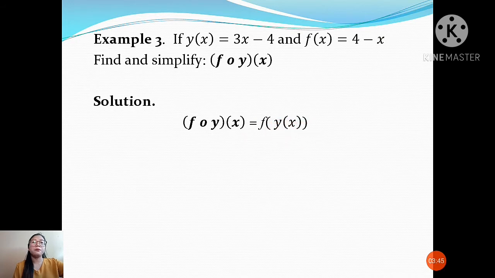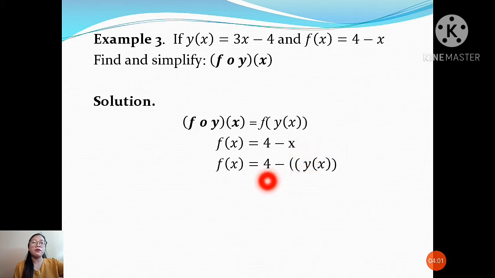So we write the main function, which is f of x, given as 4 minus x. Then we plug in the input function, so it becomes 4 minus y of x. Then we substitute the given function for y of x, which is 3x minus 4.